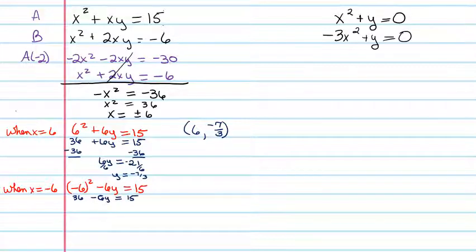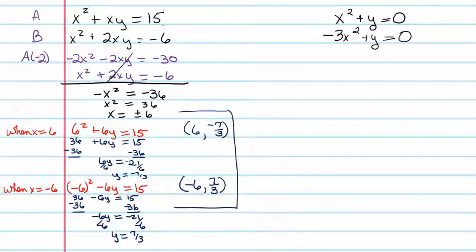Oh, wait a minute, it's minus 6y this time, so we have a sign change. Subtract 36 on both sides, and this time I'm going to get a negative 21, but when I divide, this time I divide by a negative 6, so for my y, I'm going to get a positive 7 over 3. So when x is negative 6, I'm getting positive 7 over 3. So these are my answers for this one.